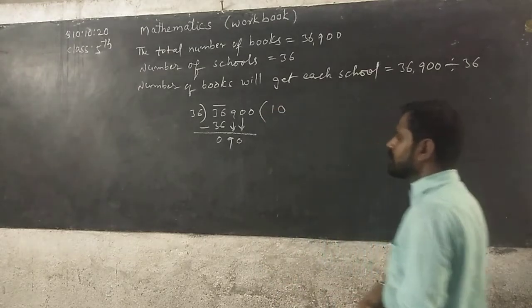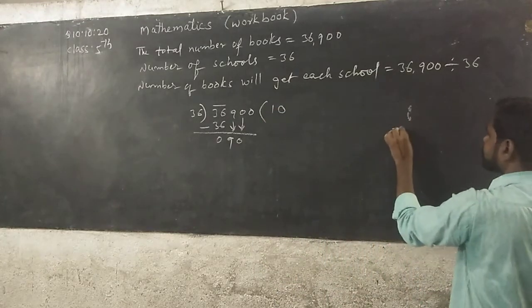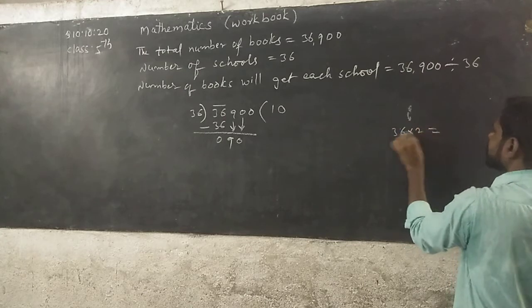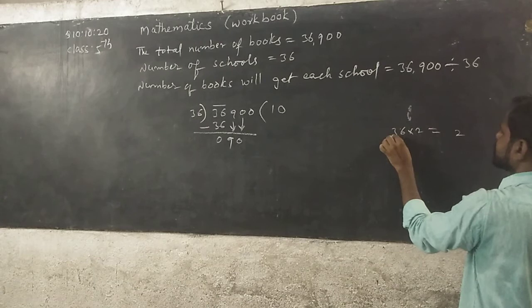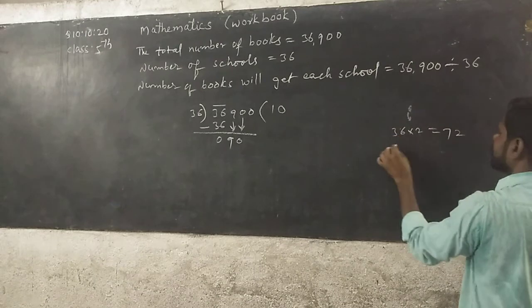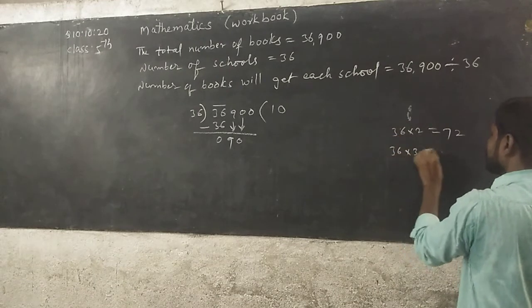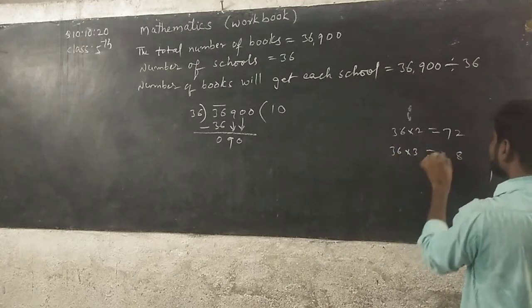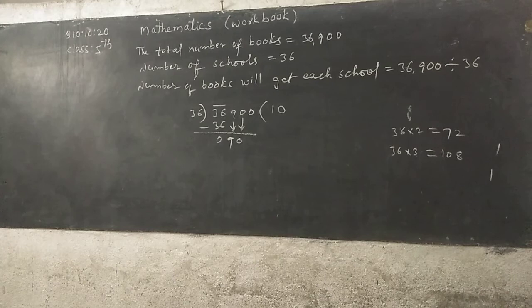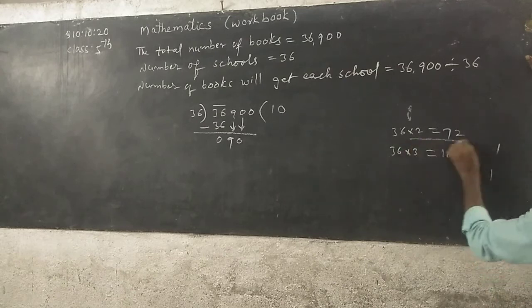So here 36 twos are 2 6s are 12. Carrying 1, 2 3s are 6, 6 plus 1, 7. 36 3s are 3 6s are 18, carrying 1, 3 3s are 9 plus 1, 10. So 36 3s are 108. 108 is greater than 90. So I have to take 36 twos, 72.